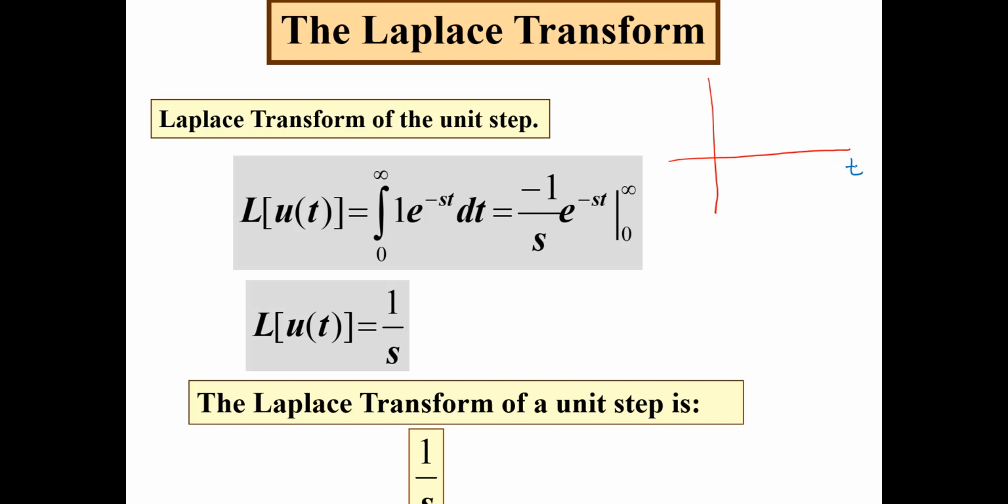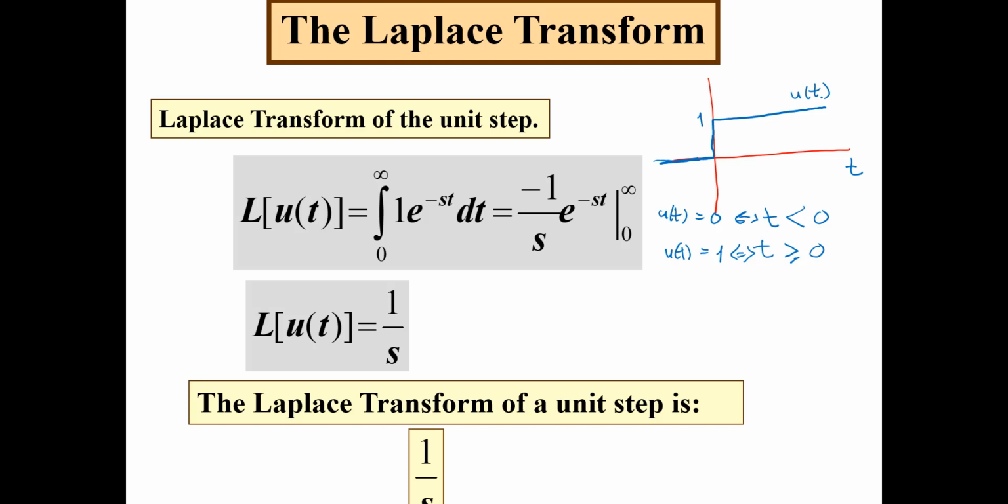If t is smaller than 0, the signal u(t) is 0, and if t is larger than or equal to 0, u(t) is equal to 1. So this is the unit step signal.